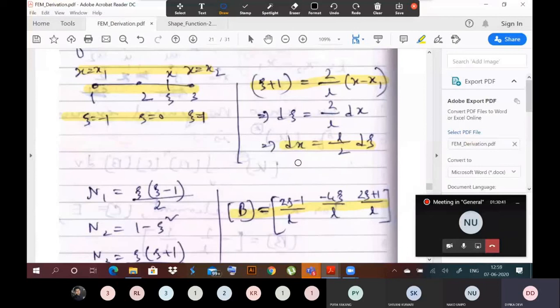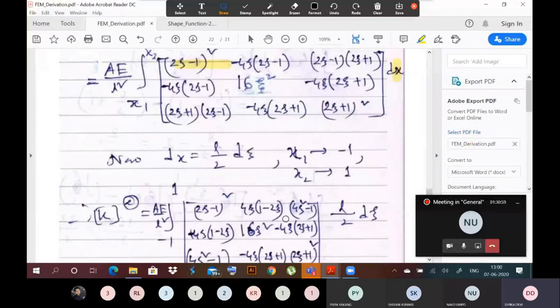So your integration has changed like this. Then individually you have to do the integration for each and every term in this matrix.